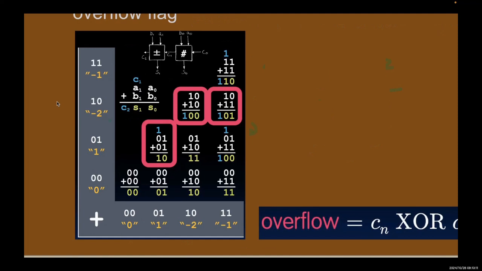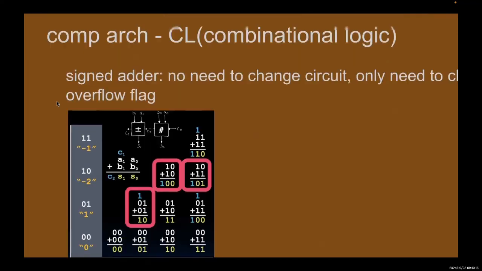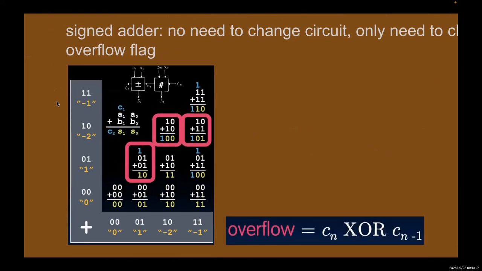So what we're doing now is finding an indicator for the wrong answer for signed numbers. What indicates the three wrong ones here? This is the carry for the second bit, and this is the carry for the third bit. You can find that overflow is equal to the XOR of them.